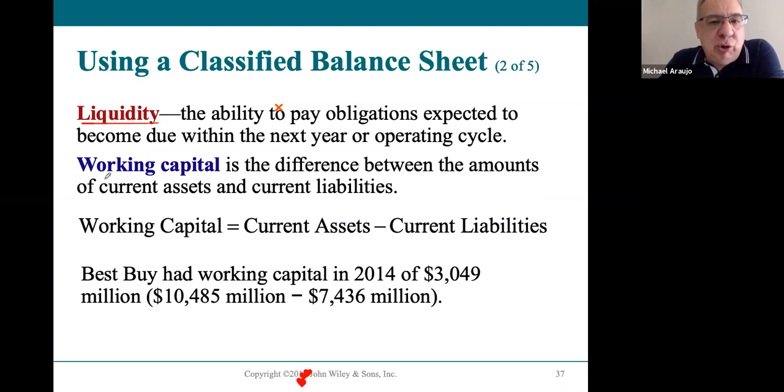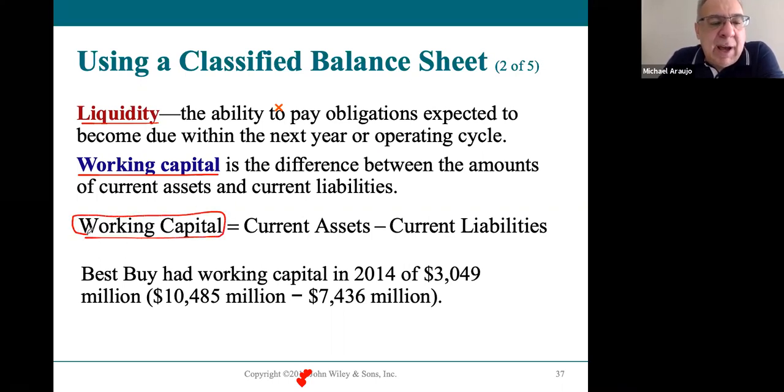Well, there's two measures, actually one ratio and one little mathematical formula, that tell you about liquidity. The first thing the book introduces you to is something called working capital. Working capital is simply the difference between the two. You take your current assets, subtract out your current liabilities. If there's anything left over, that's considered working capital.